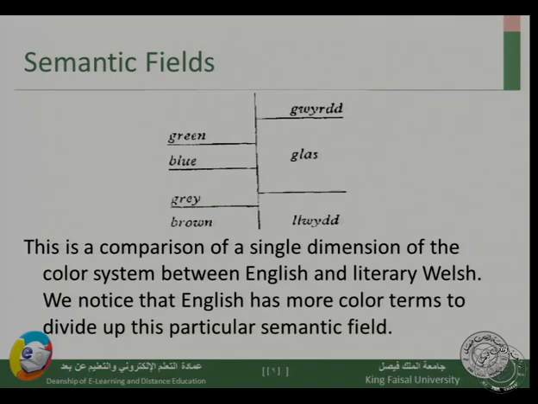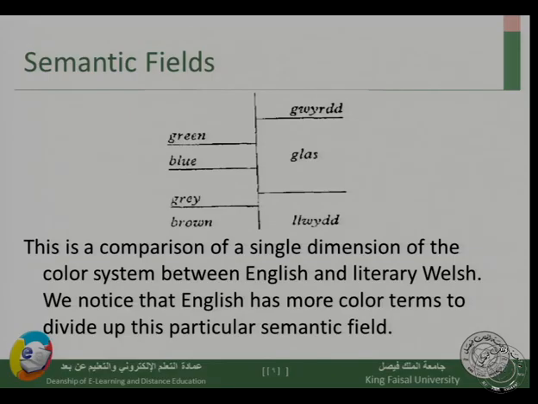So here is an example of the semantic field of colors, and we are comparing here English and literary Welsh. We notice that English has, depending on this semantic field in particular, the one we have here, of course there are other colors, but we're just looking at this as an example, English has green, blue, gray and brown.